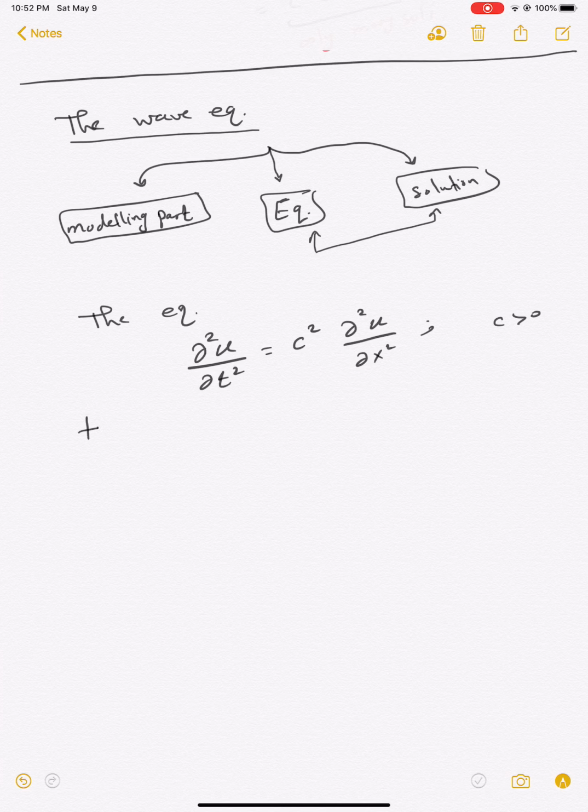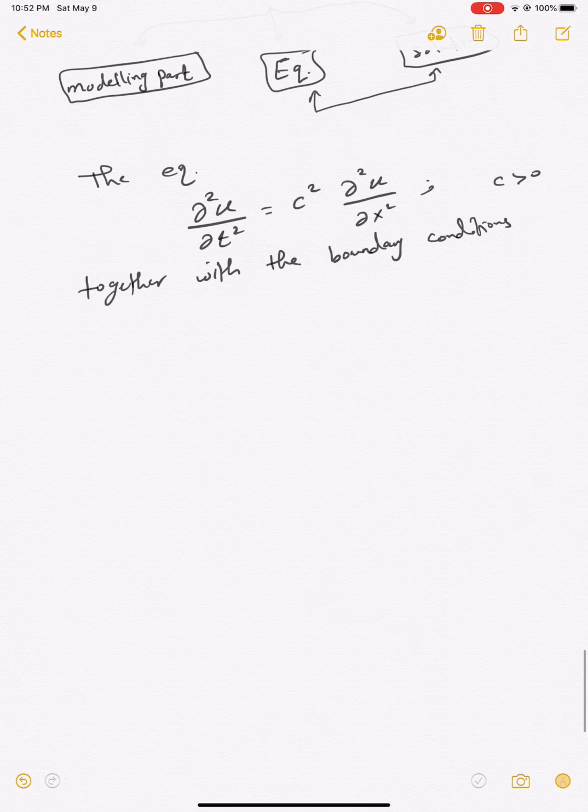Not the equation itself, but this equation together with what we call the boundary conditions.